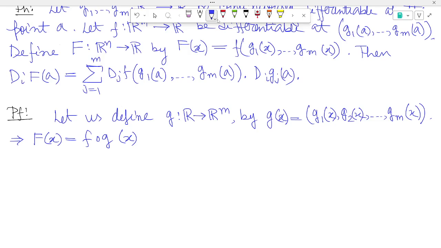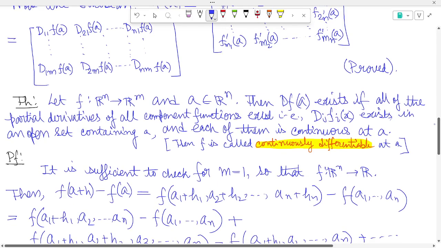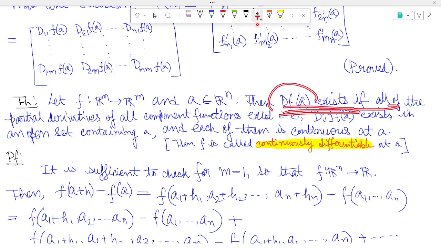See, one thing is guaranteed. As gi is continuously differentiable at A by this theorem, where it says that if the component functions are continuously differentiable on some open set containing A, then the original function is differentiable and this exists.